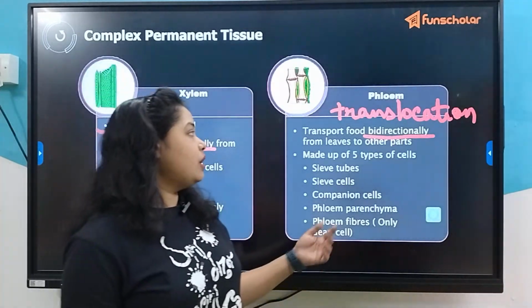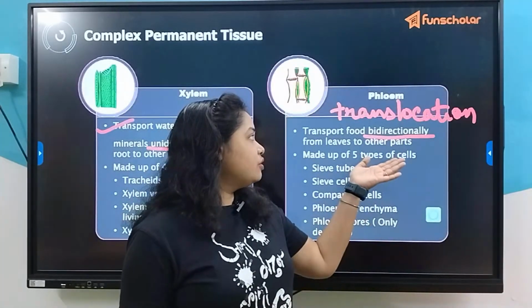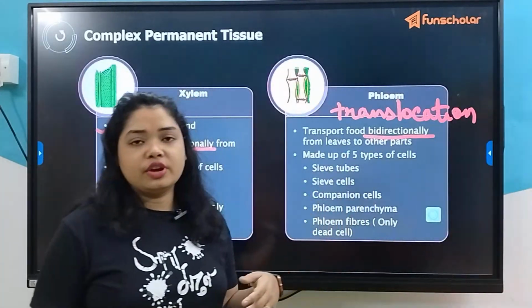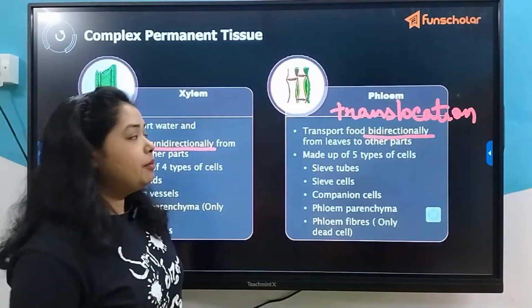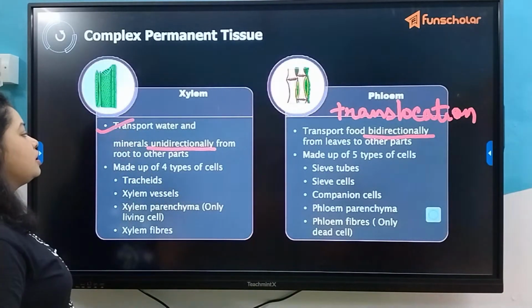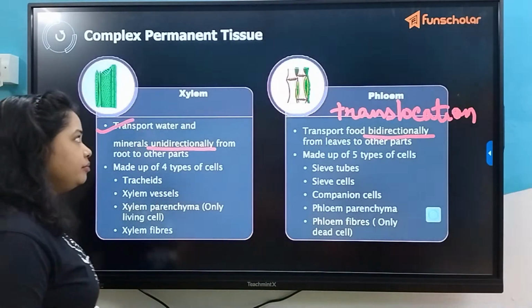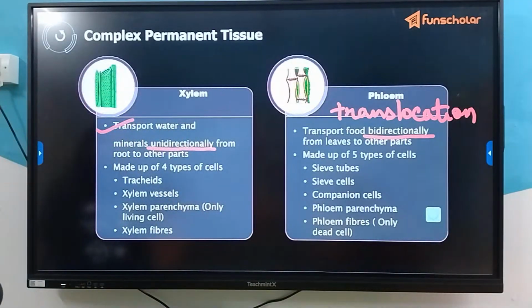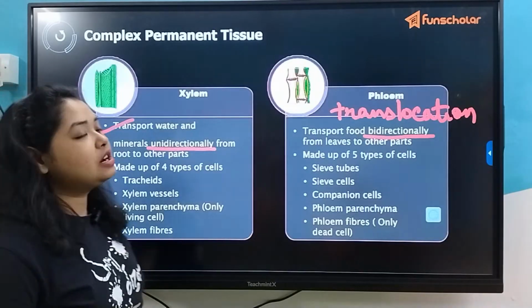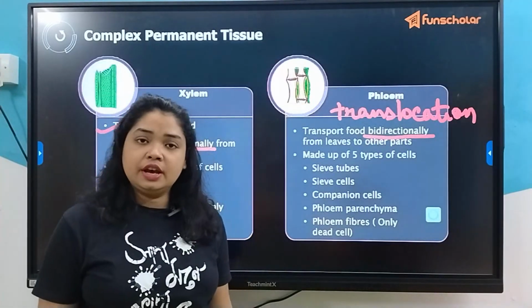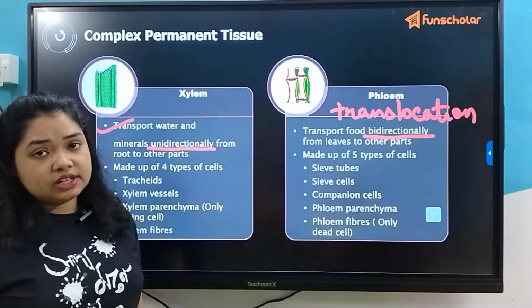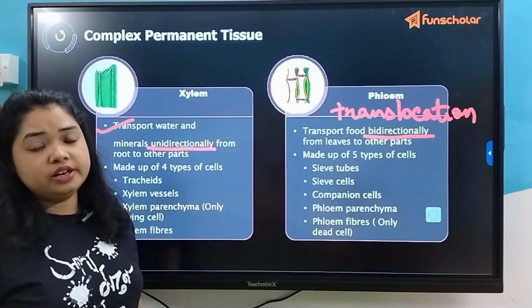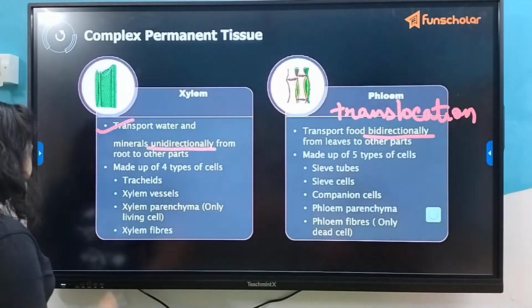So that is why it is known that translocation of food through phloem is bidirectional, but the transportation of water and minerals through xylem is unidirectional. So the water is only required by the green parts of the plant for photosynthesis, but food is required all the time by all the parts of the plant in order to stay alive.